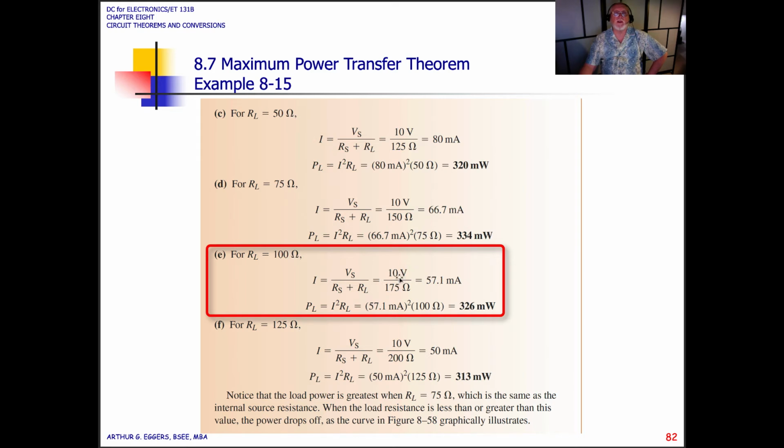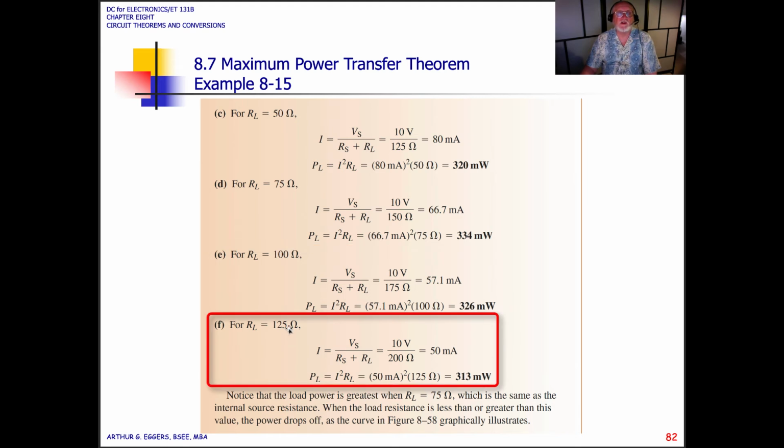We have 10 volts divided by 175 ohms total, which gives us 57.1 milliamps. Taking I squared R, 57.1 milliamps squared times 100 ohms gives us 326 milliwatts. So it's starting to bend down.